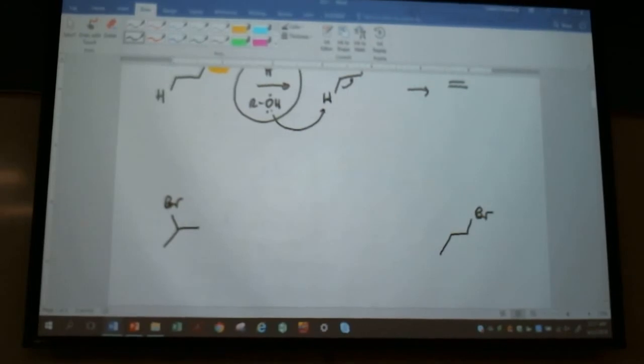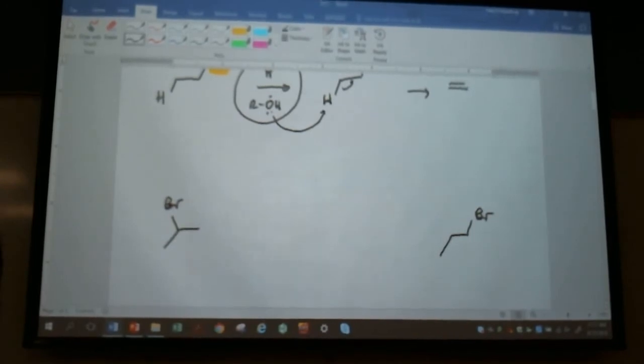How can I do that? I eliminate with acid and base. I form the alkene.